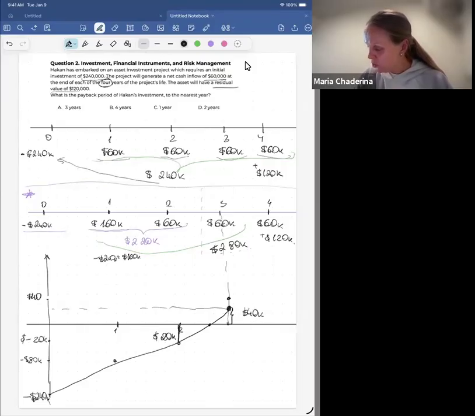And what we are after is how much is this distance after year two? So I'm going to use mathematical regularity to figure out this distance. I'm going to put it x, I'm going to put this 1 minus x, and I'm going to say that x over 20 is the same as 1 minus x over 40.